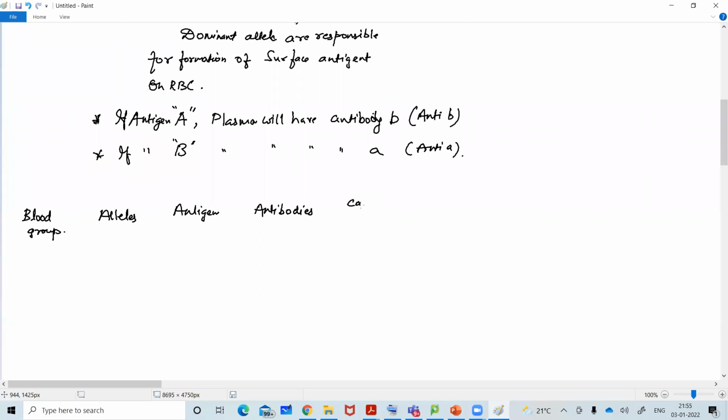So you can say can be given to person with blood group, and the last column you can say can be taken from the person with blood group.